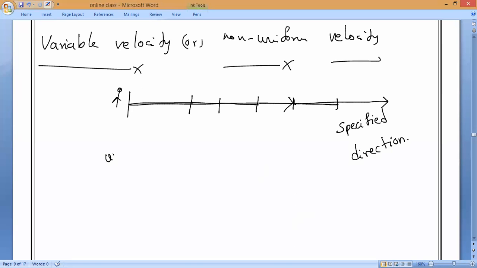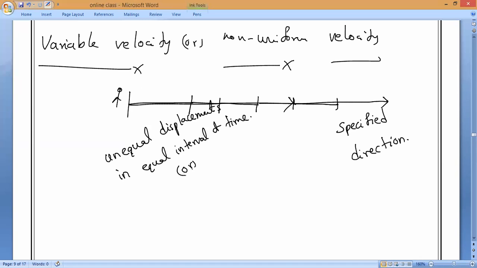What can we say, guys? Unequal displacements in equal interval of time. Is it okay, guys? Or we can say equal displacements in unequal interval of time.